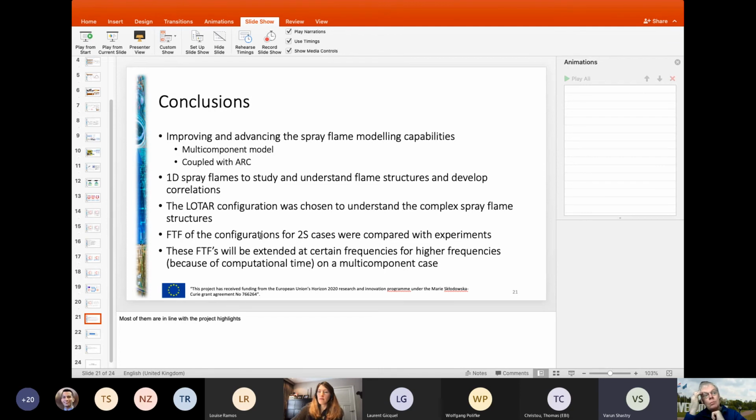Then we were able to extract FTFs, and from those FTFs, for the small range, we can also look at putting them in the AVSP code and looking at the modes and the changes in the fundamental modes of the system because of these evaporation effects. And then we want to extend these FTFs to a much higher frequency range and also look at the differences between the various cases with respect to multi-component fuels and the effect of different staged evaporation on the flame response.